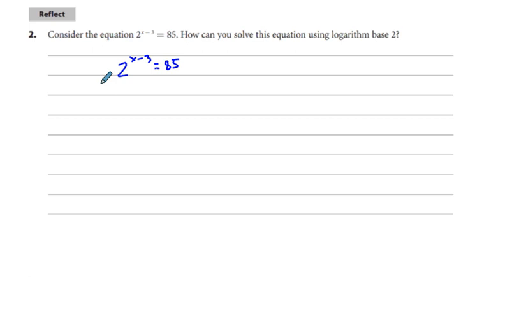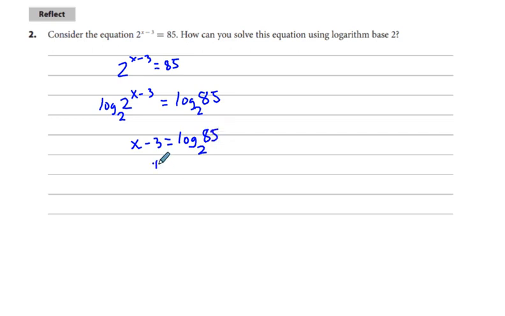So what we can do is take log base 2 of both sides. Log base 2 of 2 to the power of x minus 3 equals log base 2 of 85. Well, on the left side, log base 2 of 2 equals 1. So all we're left with is x minus 3 equals log base 2 of 85.